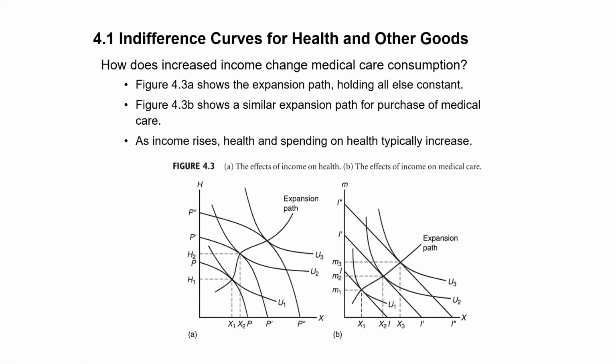So let's now go to the effect of income on the consumption of health and other goods. So the question is, how does income change medical care consumption? The graph that you see here on the screen, figure 4.3b, takes a look at the effects of income when we hold everything constant and its impact on the consumption of medical care.